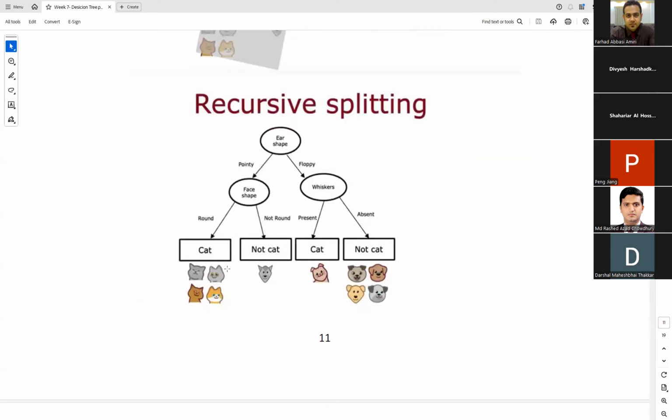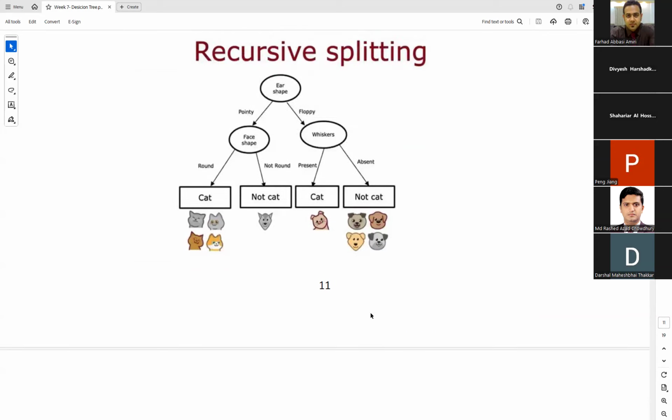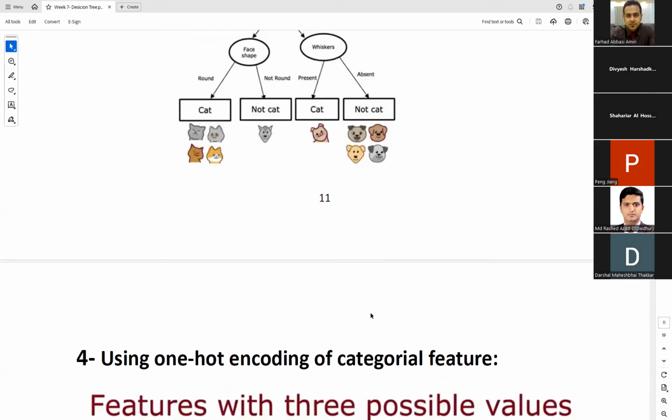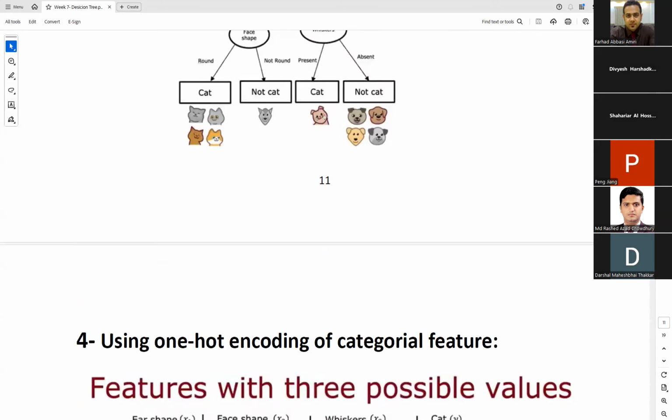For example, these are cat, this is not cat, this one is cat, this is not cat. We have 2 categories or 2 classes, right? We expect to have just 2 categories, cat, not cat. Class 1, class 2. And in this way, you classify 10 animals and put them in the class that they belong to, right?